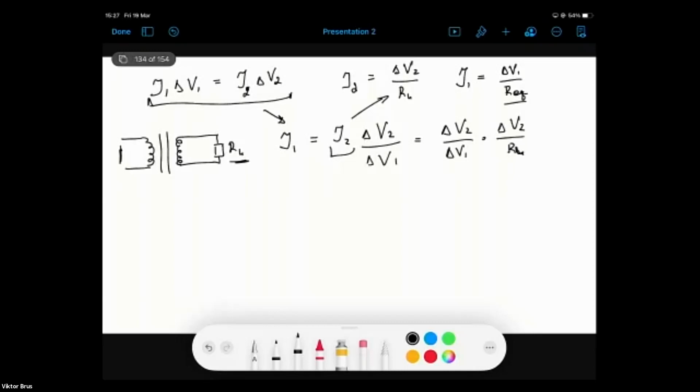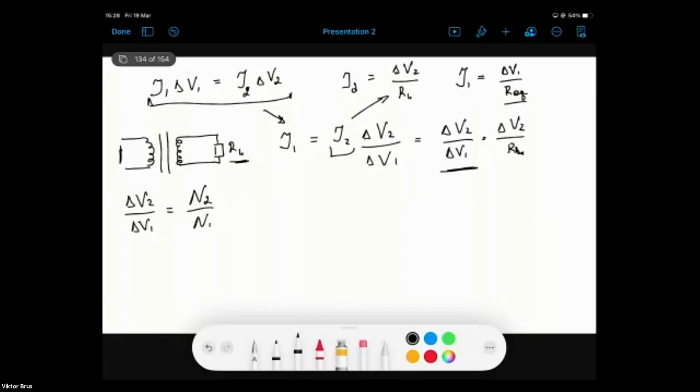Okay, so we know from the previous slide that this ratio delta V2 divided by delta V1 is equal to the ratio of the number of turns in each coil, N2 divided by N1.